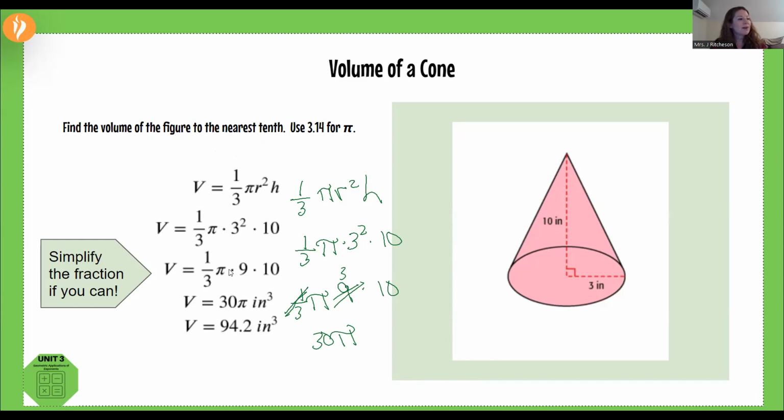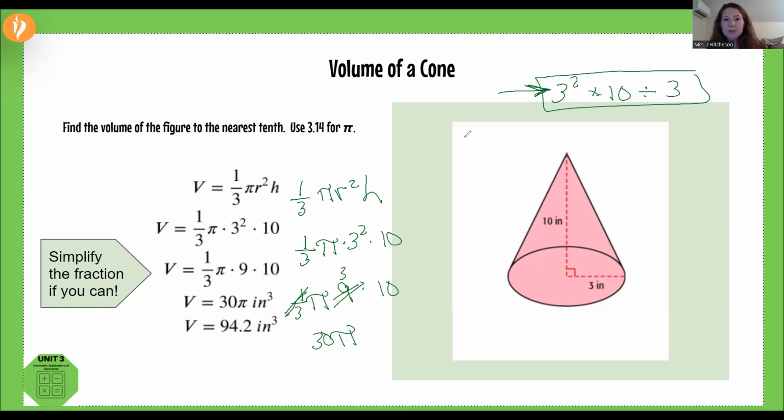All right, so they simplify it this way. If you're having a calculator and you just want to put it all in at the same time, the way I suggest you do it is, if you're leaving it in terms of pi, just worry about doing 3 squared times 10 in your calculator and then hit divided by 3. There's 1/3, right? When you divide something by 3, you're finding 1/3 of it. And this is also going to give you the right answer.